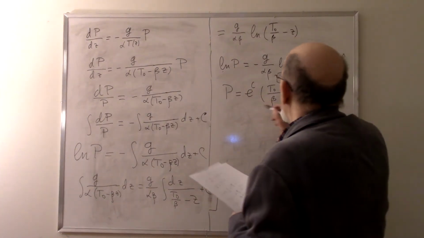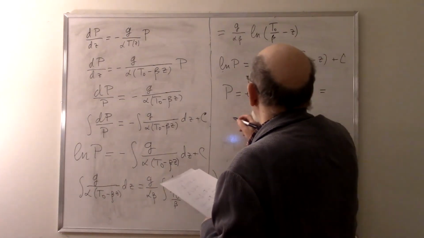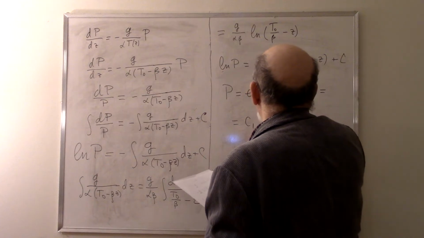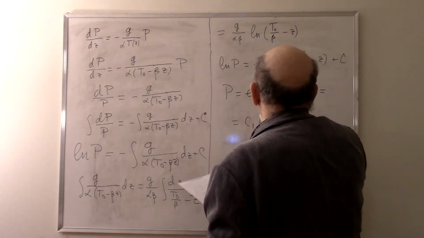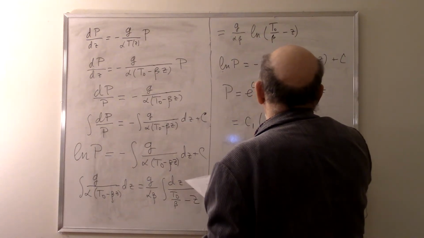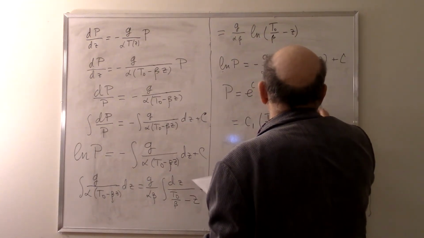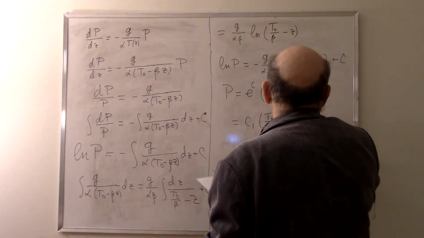Let us denote e to the power C as C1. So P equals C1 times T0 over beta minus Z to the power minus G over alpha beta.